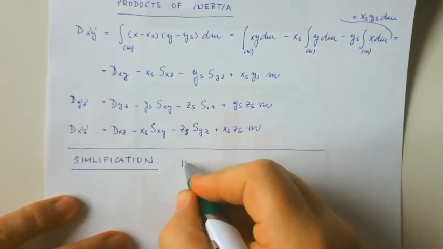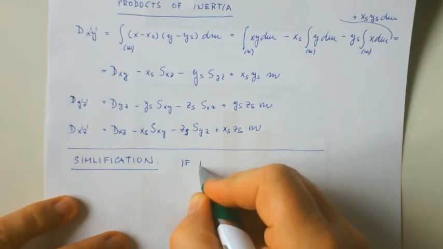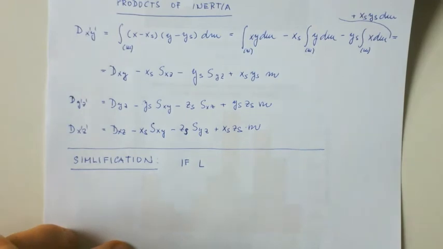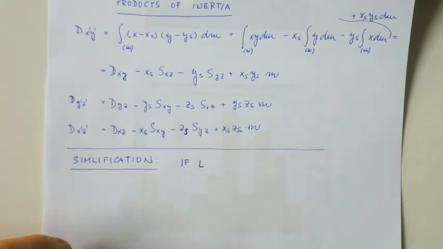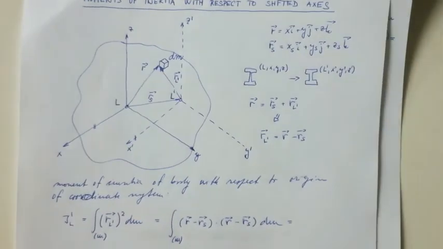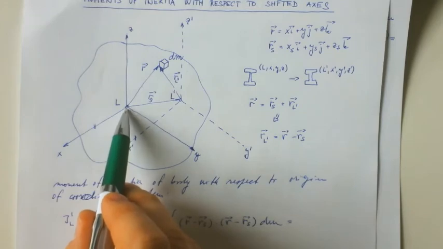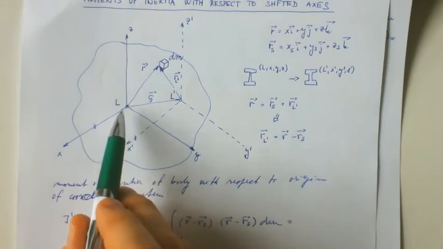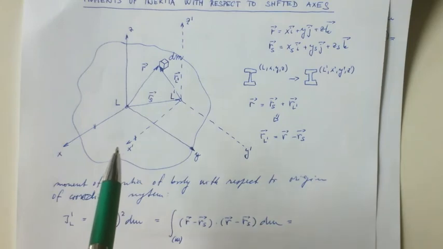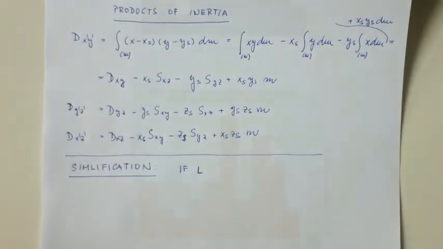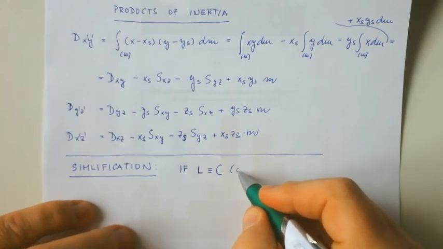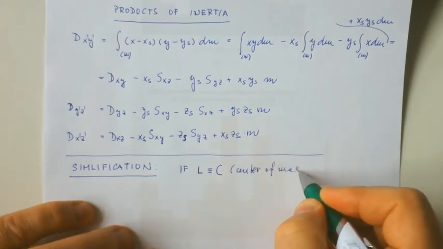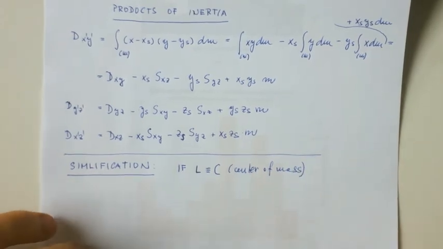If the origin of the coordinate system is equal to the center of mass, then some simplification appears.